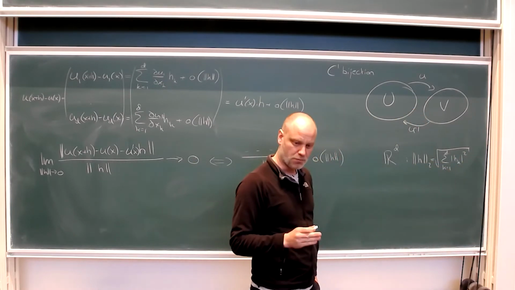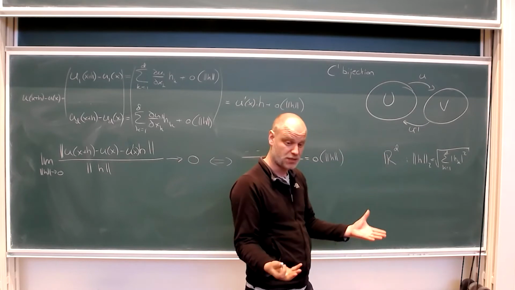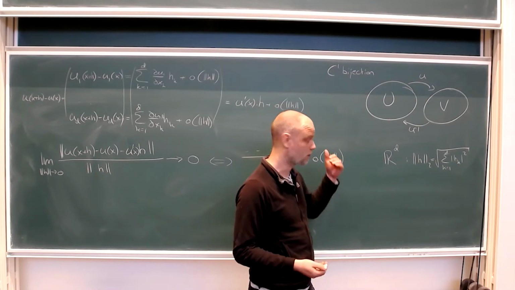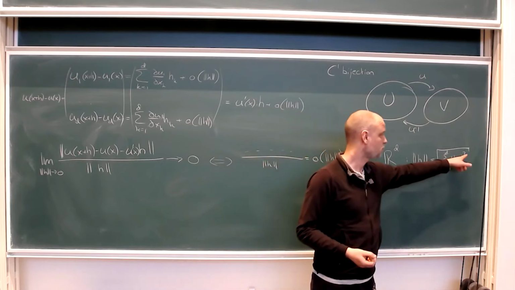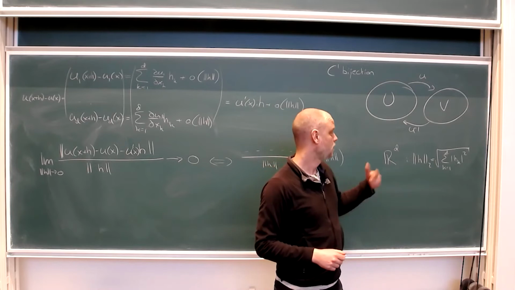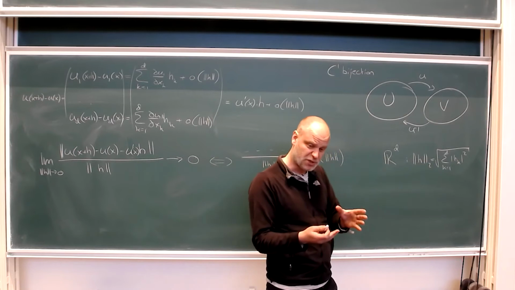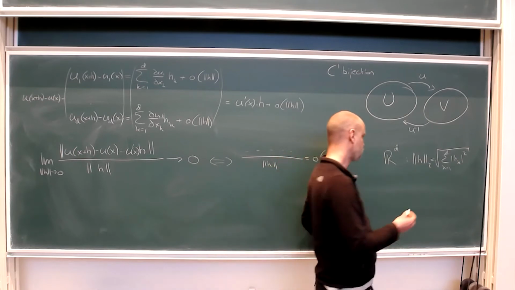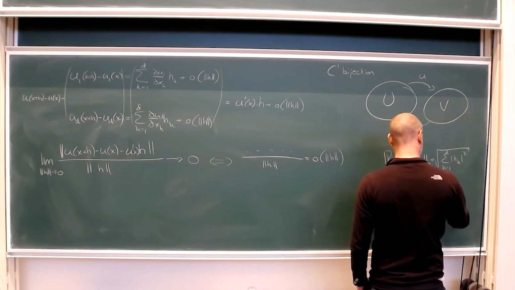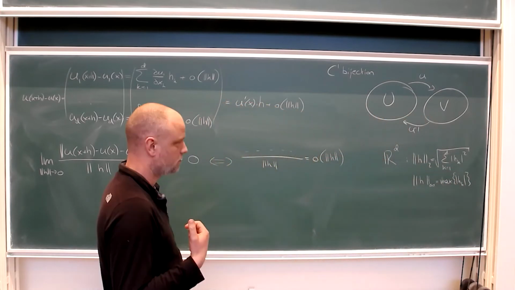But that's not the only norm. Actually, R^d we can think of as an L^p space as well. So there are all the p norms, which you get by replacing the 2 here and the square root with p and 1 over p. So we have the L1 norm and so on. And in particular, we have also the L infinity norm. So there are alternatives here. In the infinity norm, that's just the maximum of the different h_k.